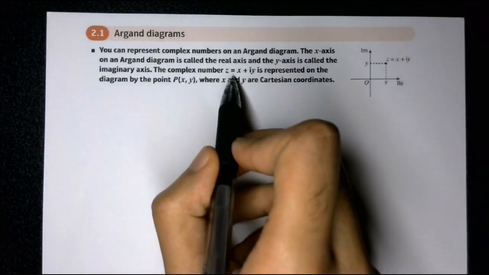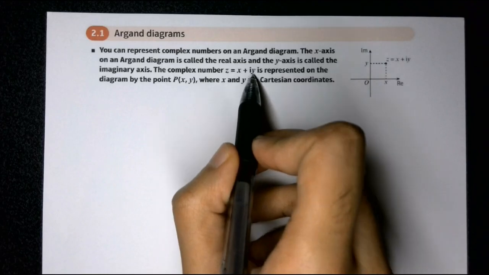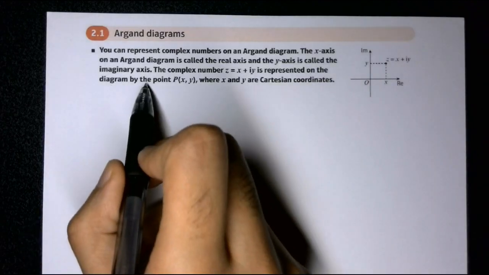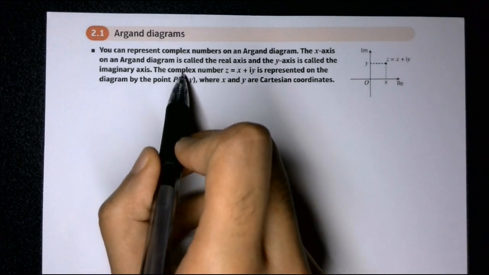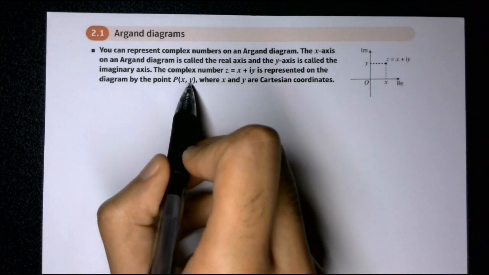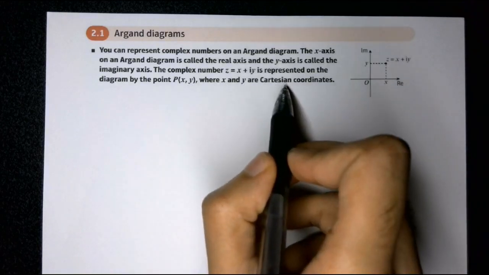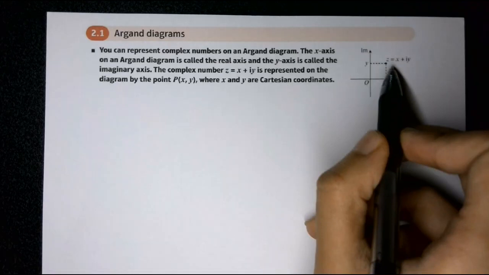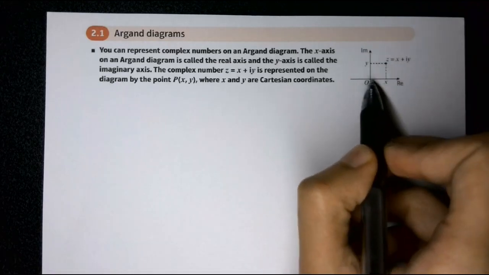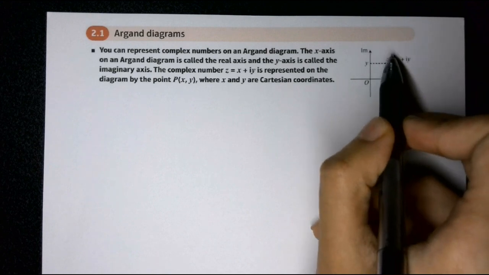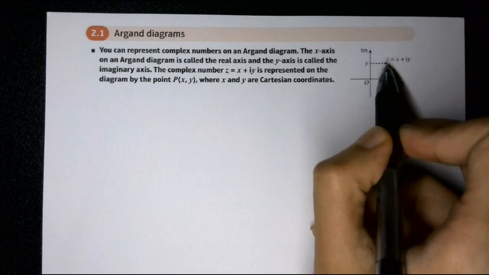The complex number z equals x plus iy is represented on the diagram by the point P with coordinates x, y. And x and y are Cartesian coordinates. And we see this point over here, x across, y up. So z is shown over here.